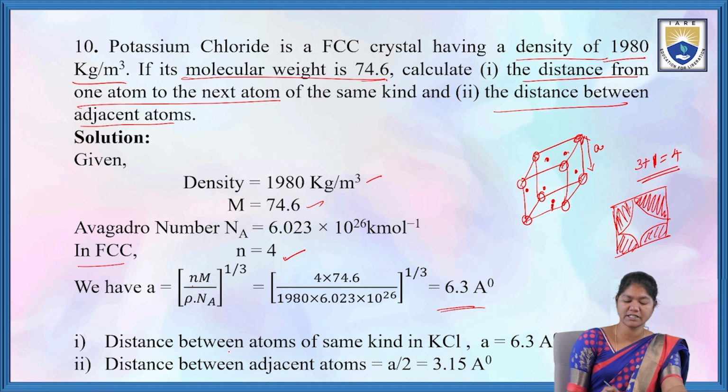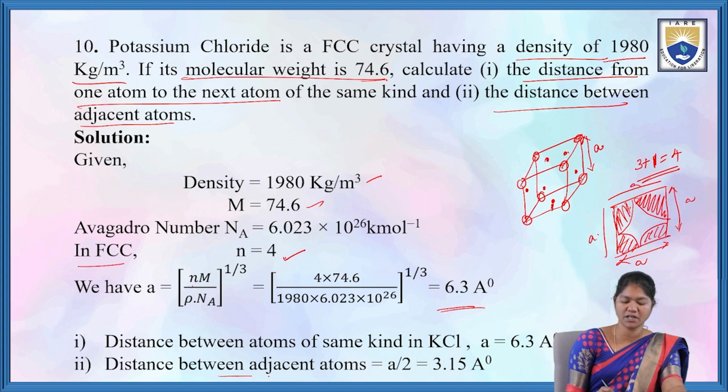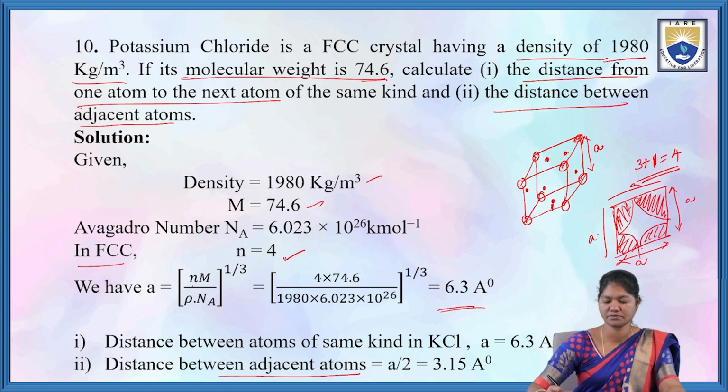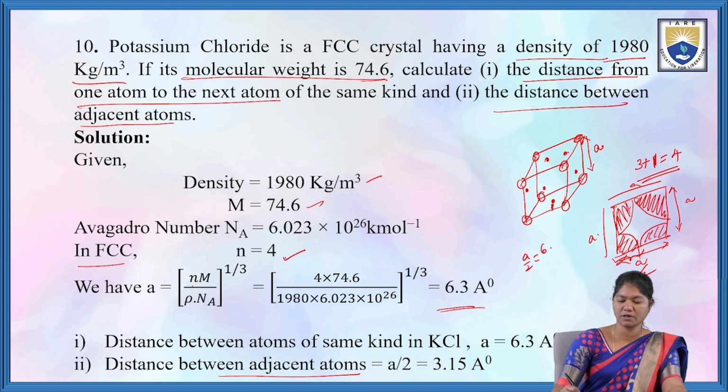The distance between atoms of the same kind in potassium chloride is A, here also A, here also A. But between adjacent atoms, it is A by 2, from here to here. So A by 2 is 6.3 divided by 2, which equals 3.15 angstroms.